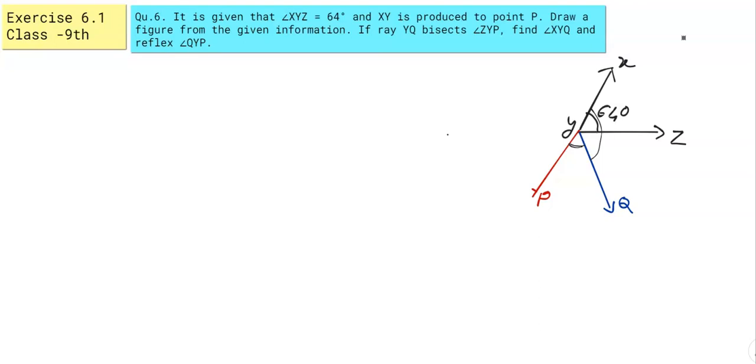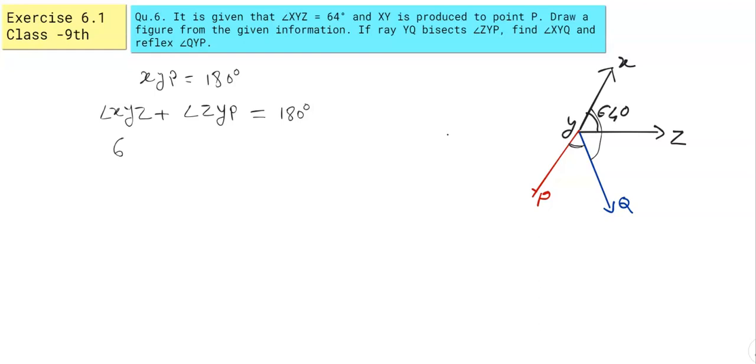How to find this? We can see XYP is a straight line, meaning this value is 180 degrees. So we will use the linear pair of angles. The linear pair: angle XYZ plus angle ZYP is equal to 180 degrees.